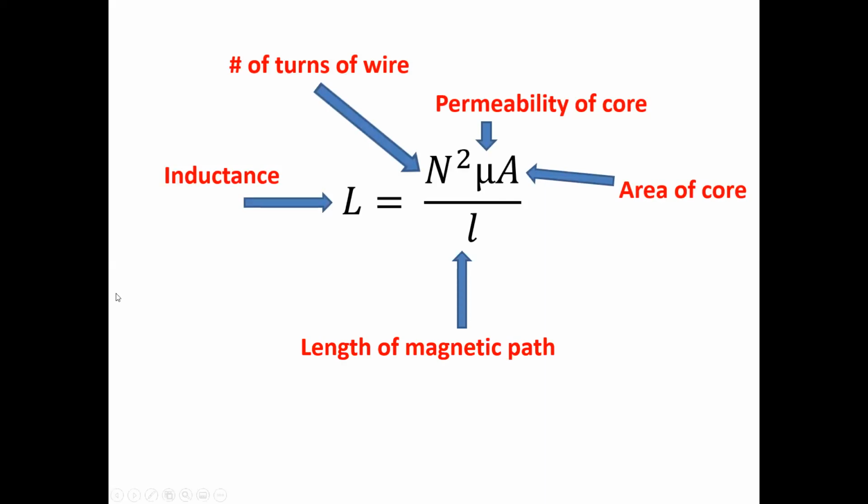Now remember, with any type of equation, variables on the bottom are inversely proportional to the variable being calculated, which means as the length increases in value, L, inductance, will get smaller. Whereas any of these properties up here, if they are increased in value, the inductance will go up or increase.